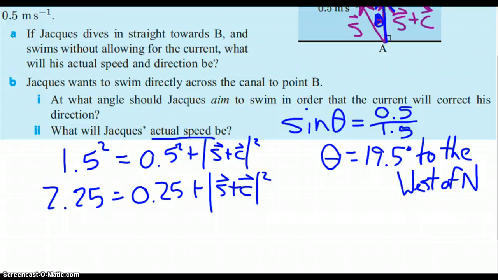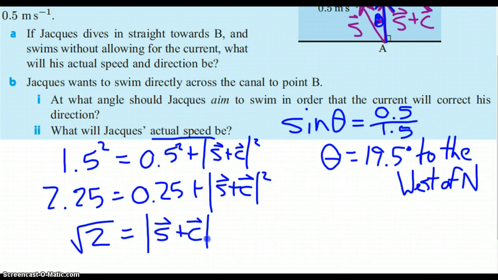So I subtract and I get 2, which means that's going to be the square root of 2 for the magnitude of S plus C. And if you know your square roots, or if you have a calculator, that's going to be 1.414, or we'll just do 1.41 meters per second.